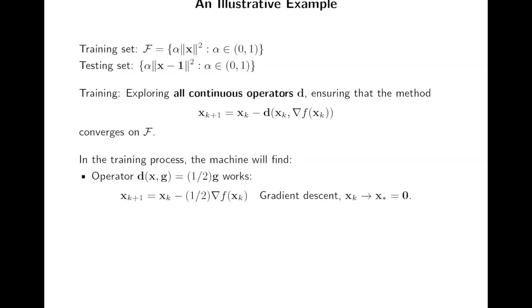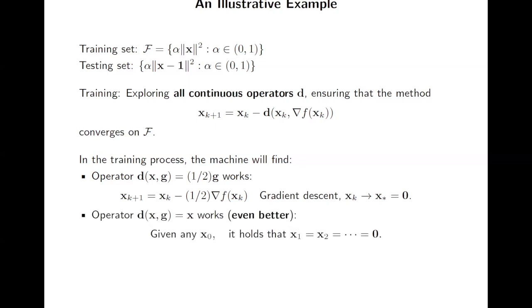What will happen in the training process? First, let's look at this operator. If we plug in dxg equals a scalar times g, we get standard gradient descent. Surely it works on these simple problems, and it converges to the minimizer x star.